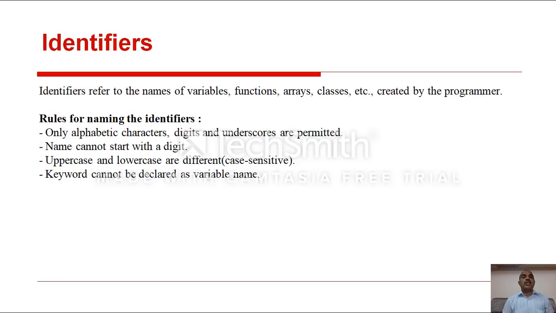Why? Here C language and C++ are case sensitive programming languages. So we can develop the code in lowercase only. Use lowercase letters only. Then keywords cannot be a variable name. The reserved words cannot be a variable name.